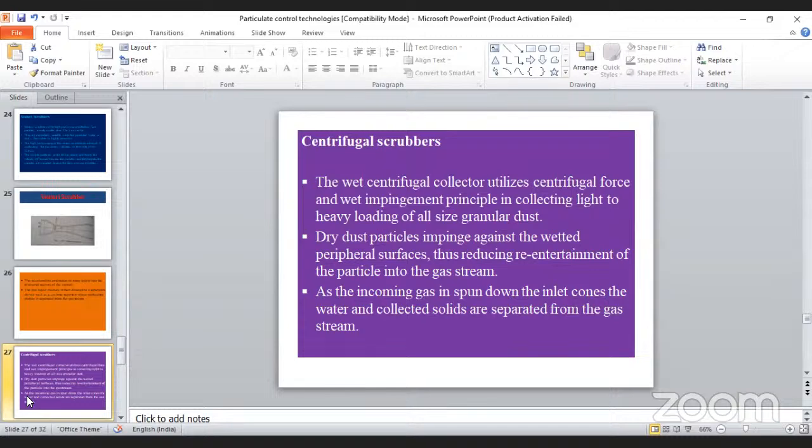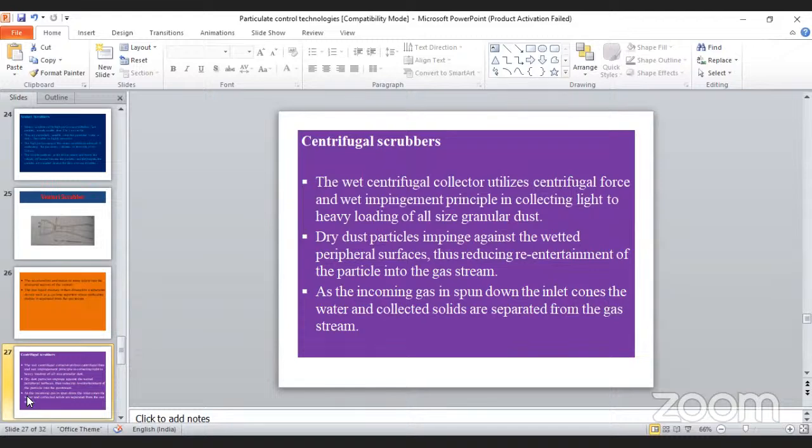Then the dried dust particles impinge against the wetted peripheral surfaces, because in this process the peripheral surface of the collector becomes wet. This reduces re-entrainment of the particles into the gas stream, so they will not be retained with the gas. Automatically they will fall down, no doubt at all.